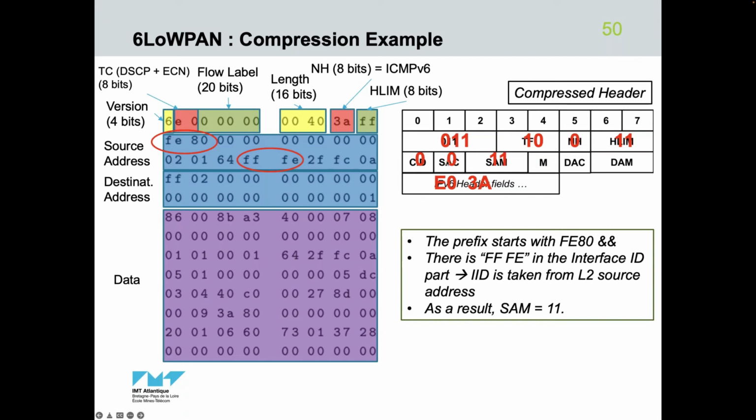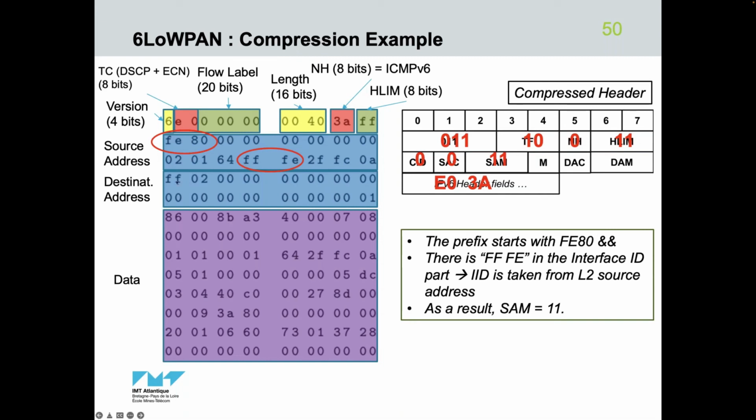While the interface ID, the remaining 64 bits, is formed from the layer 2 source address. So here you can see this is another point where we can retrieve some information. So this is the typical approach to retrieve or to create an IPv6 address based on the MAC address.